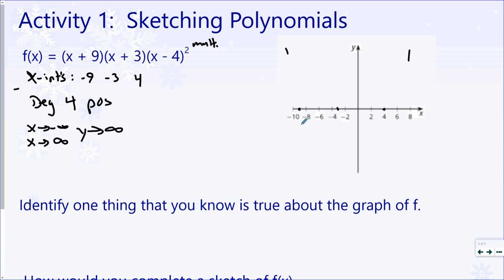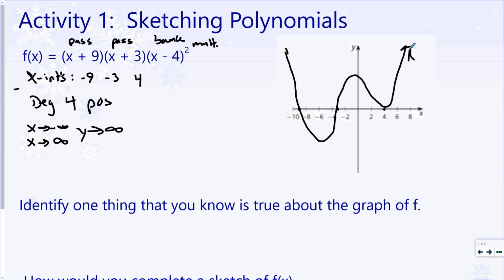It's going to come down, and the first thing it's going to do is it's going to pass through the first x-intercept. It's going to pass, because that's a linear one. It's going to pass, but x minus 4 is squared, so it's going to bounce. Pass, pass, bounce.